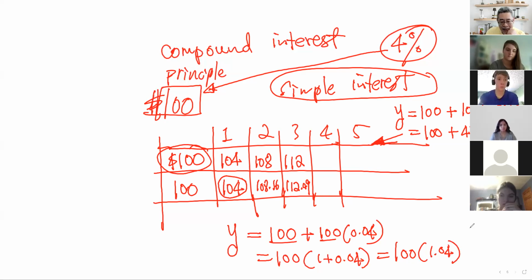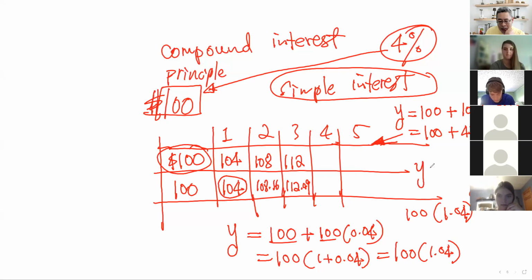The second year will be 100 times 1.04 to the second power, because we multiply again. Therefore our formula is y = 100(1.04)^t.